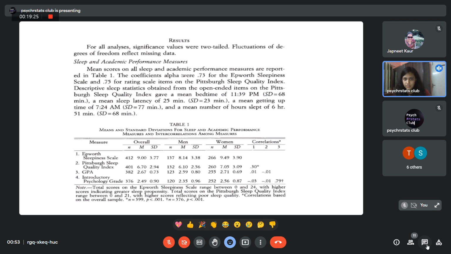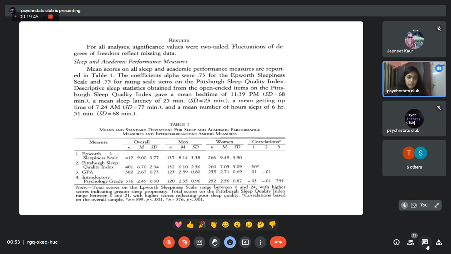And here, this is the results section where they actually give the descriptive table for all of their scales. If you are including any scales in your study, usually you will mention the means and SDs and the total number of observations on those scales.